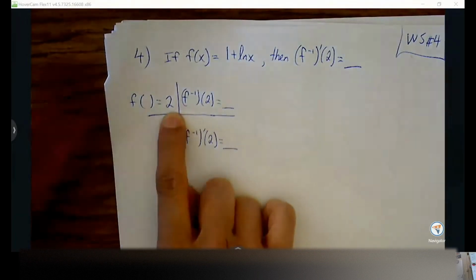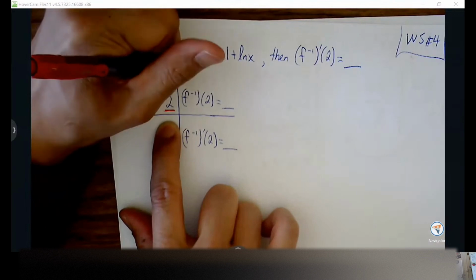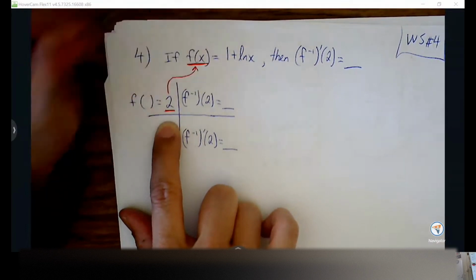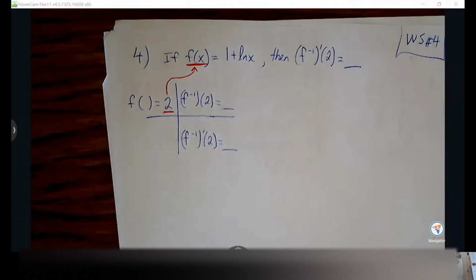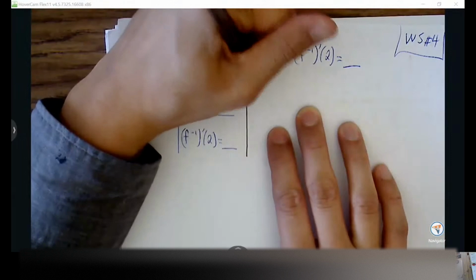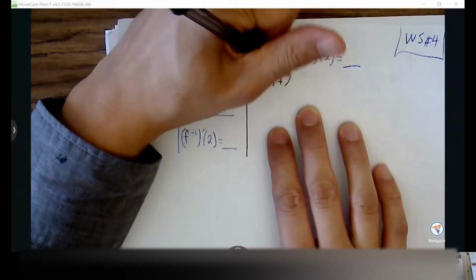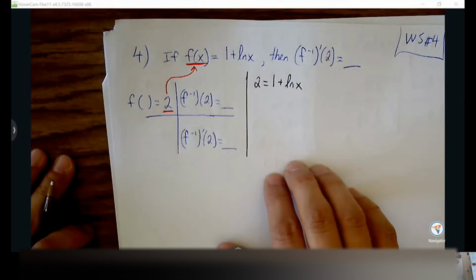Well, I know the y value of my f of x, so I'm just going to insert that into here and see if I can get to my ordered pair. Okay, subtract 1 from both sides.